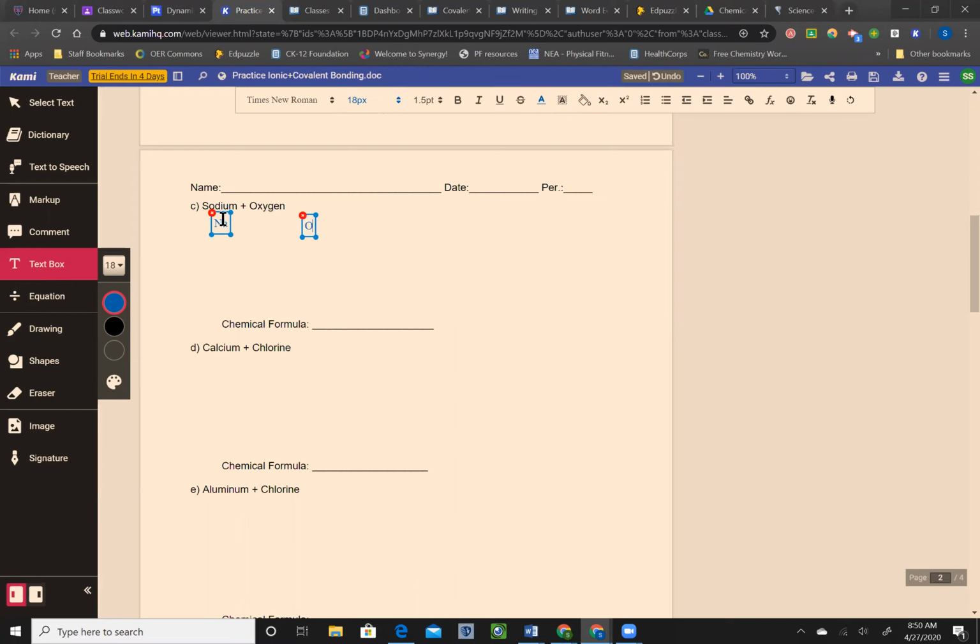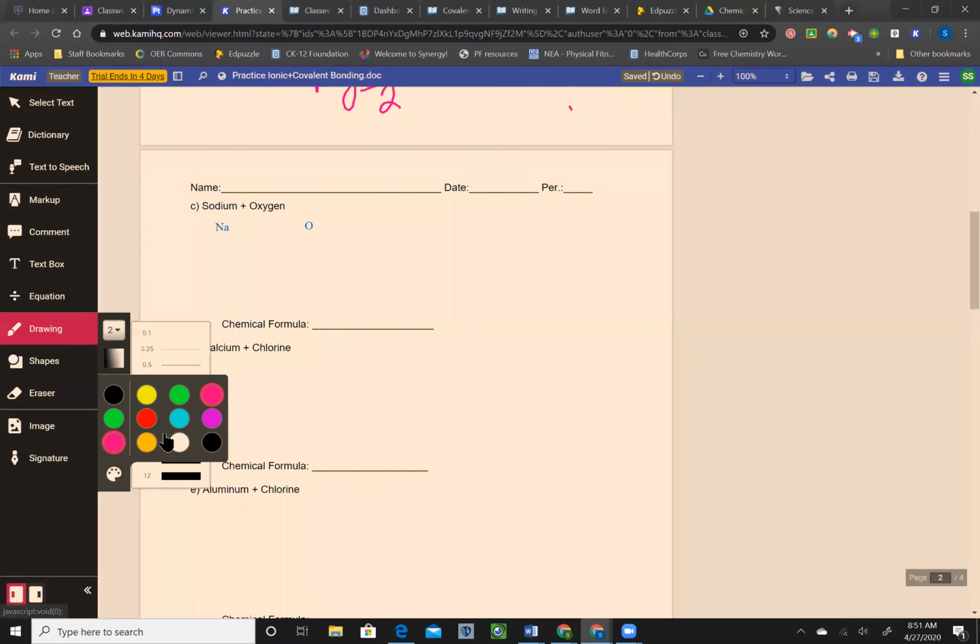These are a little small, I know, but hopefully still readable. So sodium has 1. Oxygen has 1, 2, 3, 4, 5, 6. It needs 2 more.